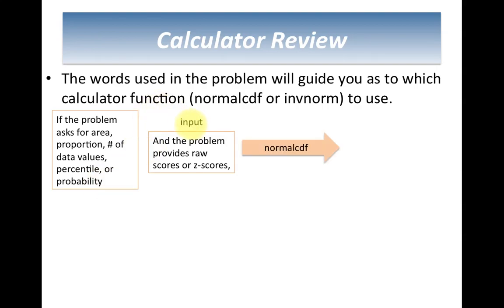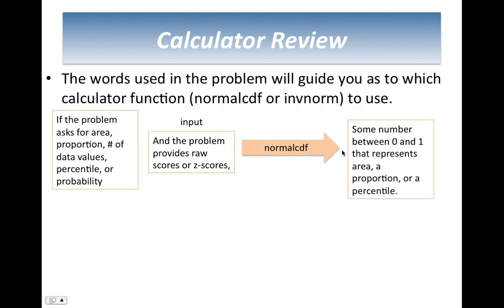The problem will provide as input either raw scores and a mean and standard deviation or z-scores. And if the problem gives us raw scores or z-scores and we are asked to find any one of these values here, we use normal CDF on our calculator, and normal CDF will provide to us some number between 0 and 1. And that number between 0 and 1 represents area, a proportion, or a percentile.